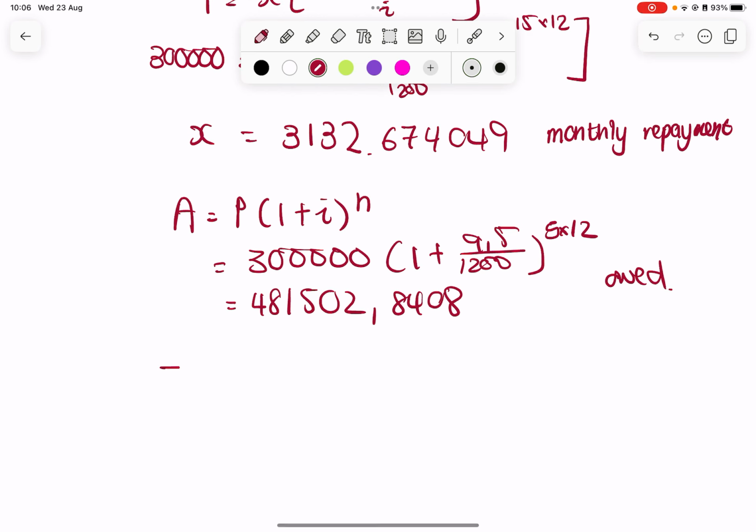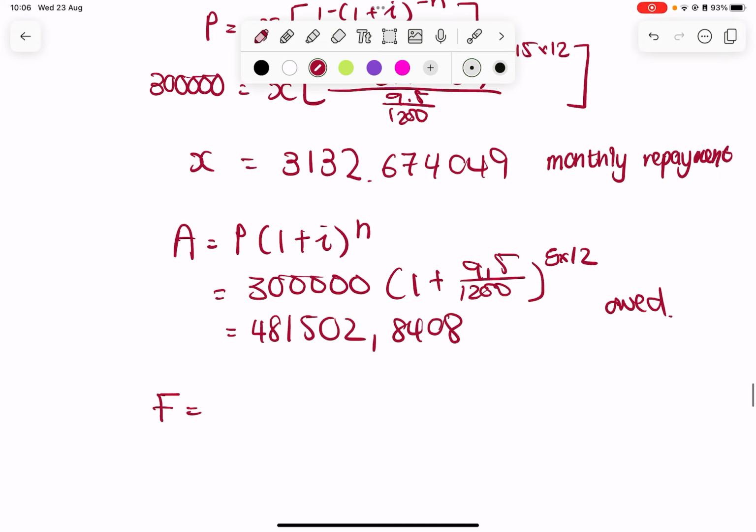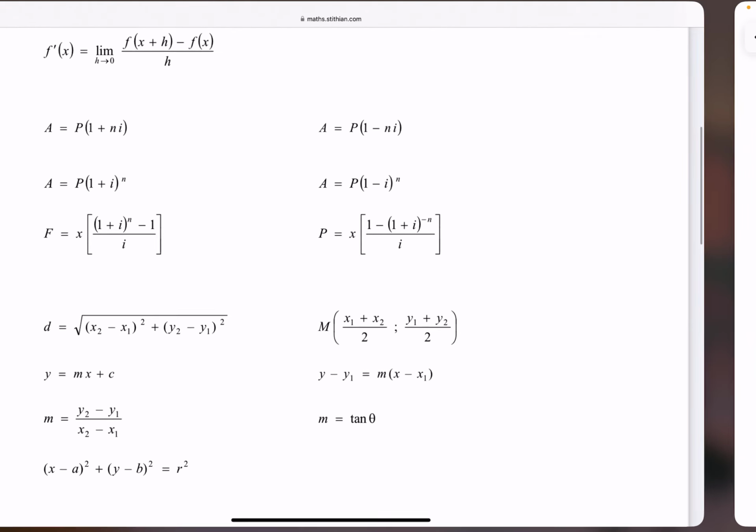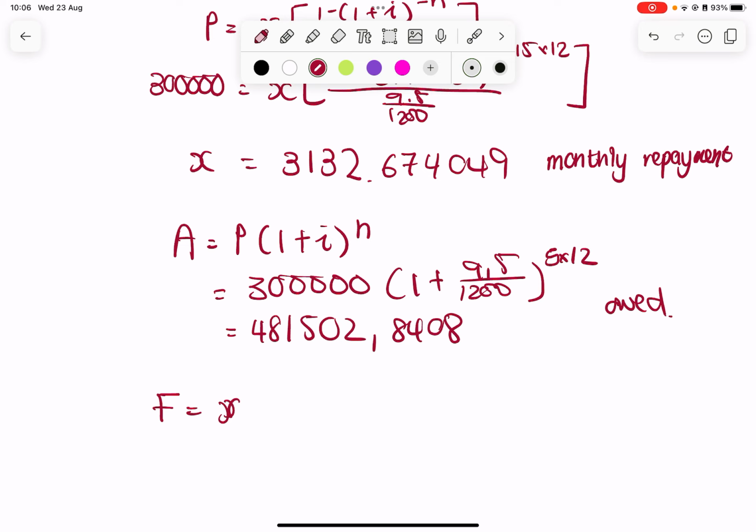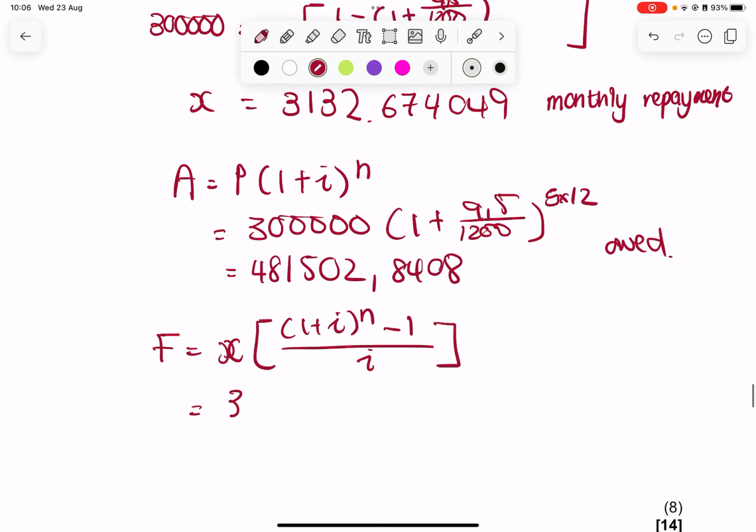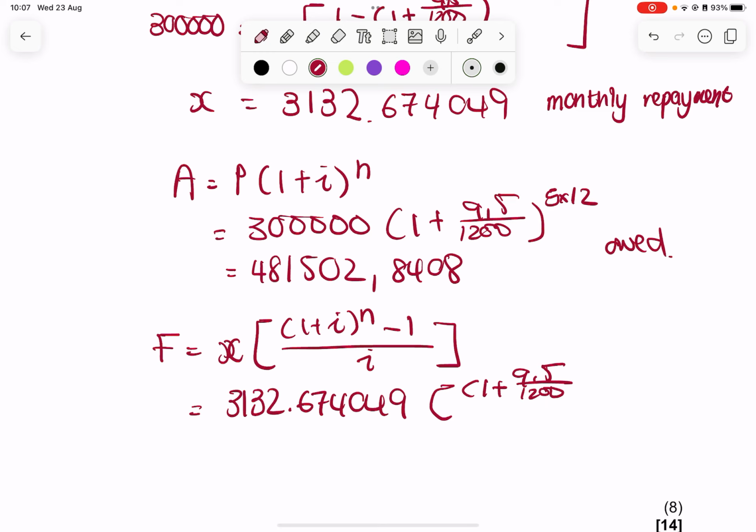Now I want to work out how much she would have paid off by the end of those 5 years. So it would be the future value, and the future value formula. We're paying off this amount every month, same interest, and it is now 5 times 12.